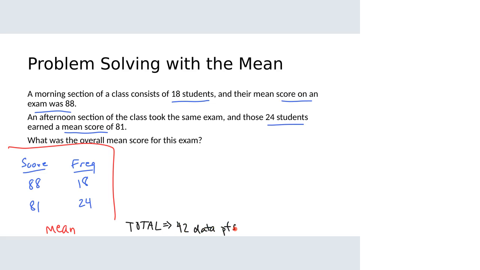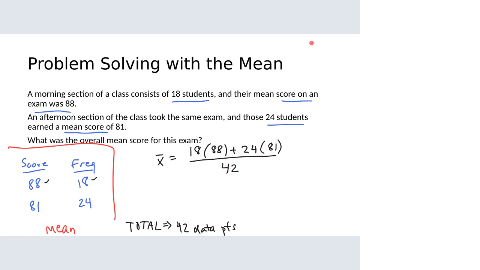And now we'll go find the mean for this. So I have 18 of these 88s. So when I want the mean, I have 18 times 88 plus 24 times 81. And the whole thing is going to get divided by 42 because that's how many data points there are.